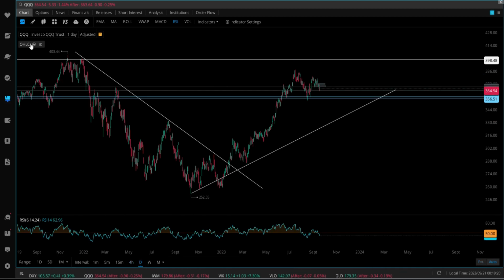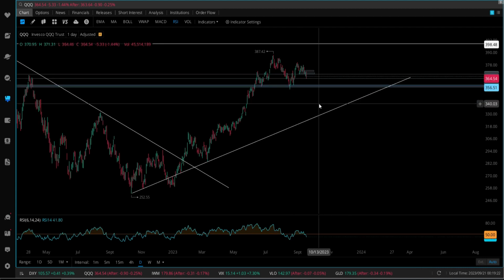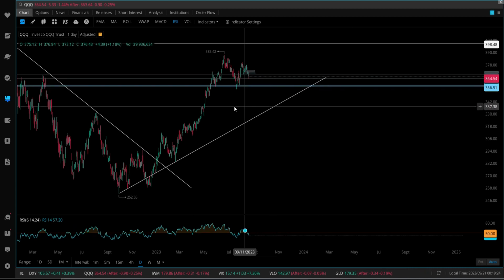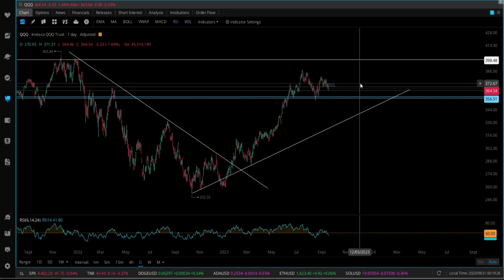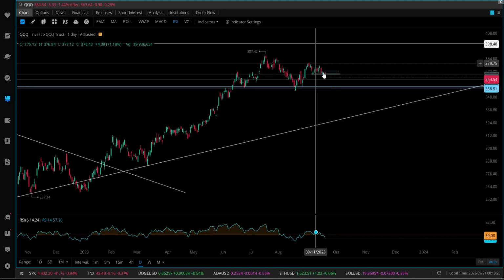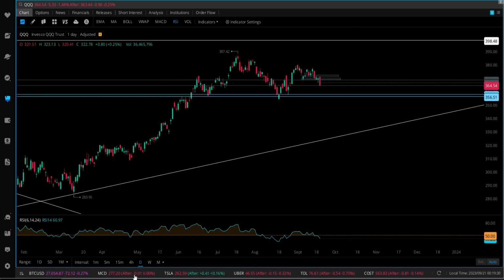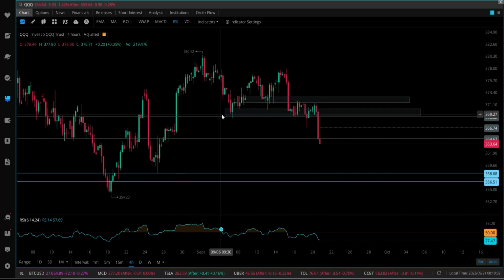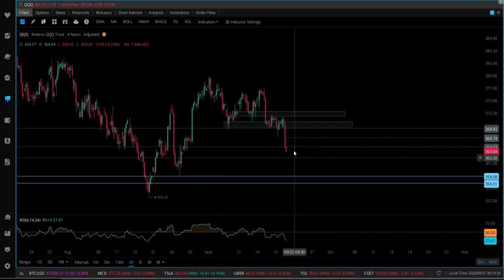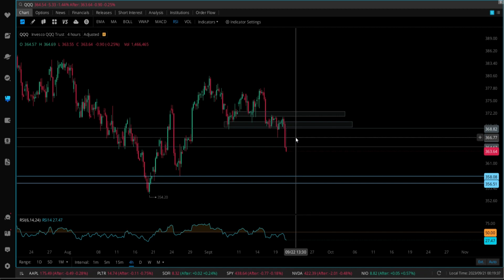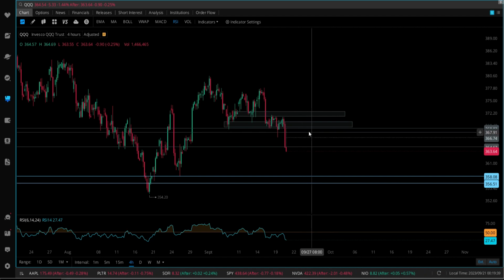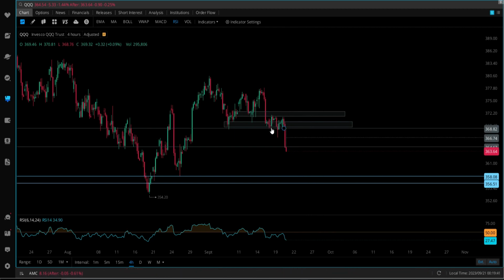I continue to buy this ETF in my investment account, and I will continue to do so for many years. But right now, I do believe there's more of a chance that the Qs are going to fall lower. We could see a potential bounce to get to this fair value gap, the middle of it. That bounce is a buying opportunity to go short the Qs, in my personal opinion.